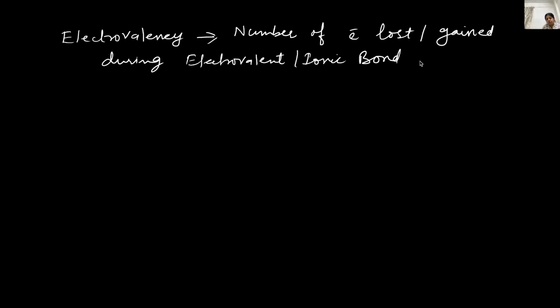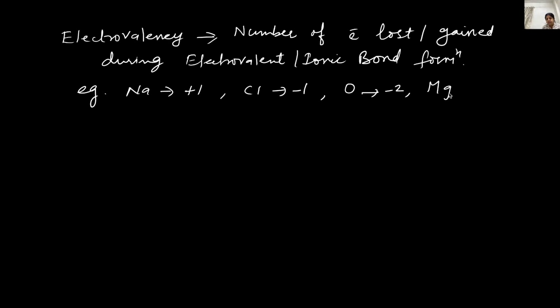Okay, this is called electrovalency. For example, we have studied sodium has +1 electrovalency, chlorine has -1 electrovalency, oxygen has -2, and magnesium has +2 electrovalency. Okay, this much we have studied now.